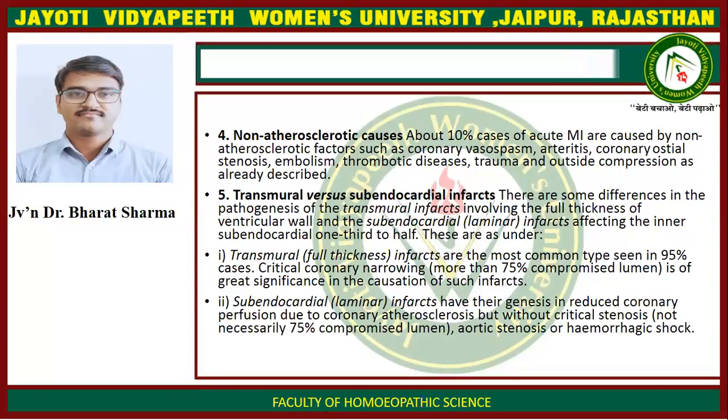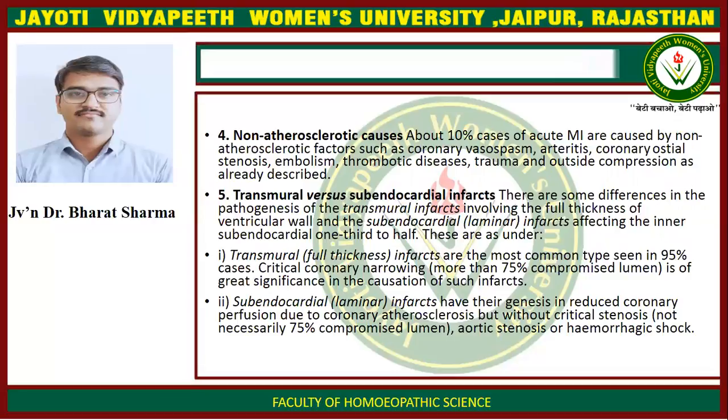About 10% of acute MI are caused by non-atherosclerotic factors such as coronary vasospasm, arteritis, coronary ostial stenosis, embolism, thrombotic disease, trauma, and sudden decompression, as already described in previous lectures.